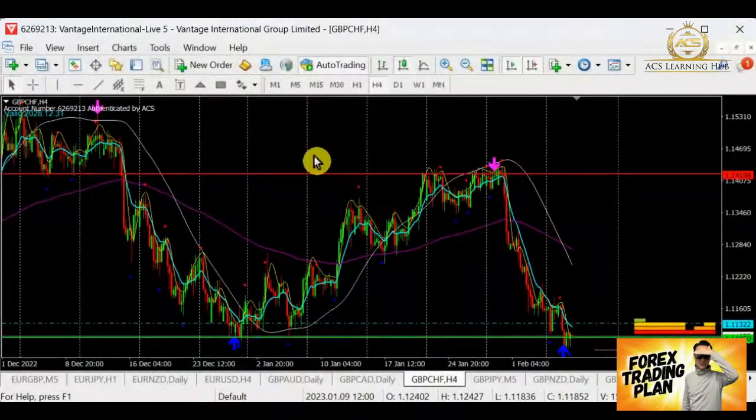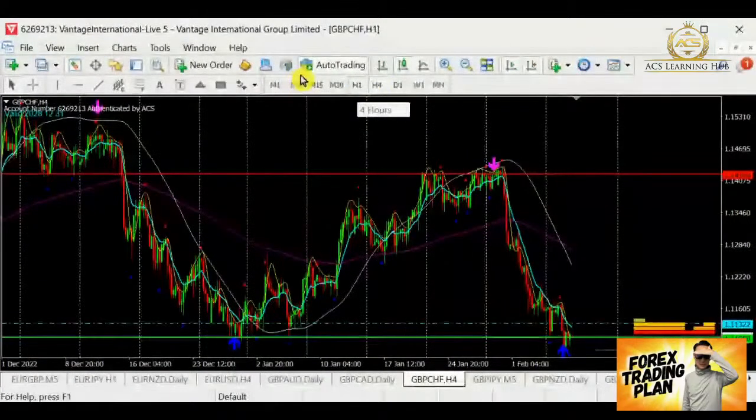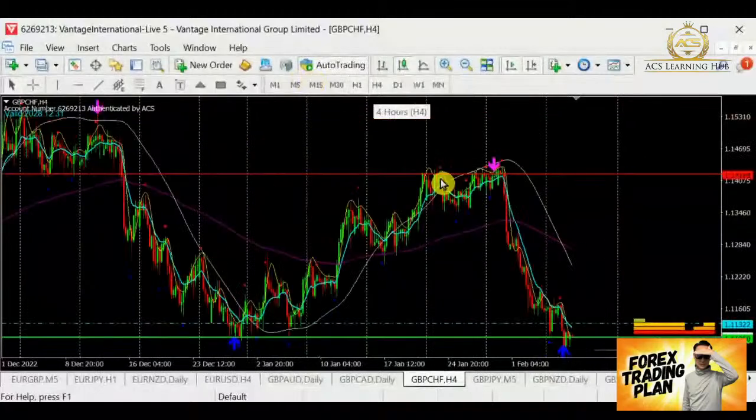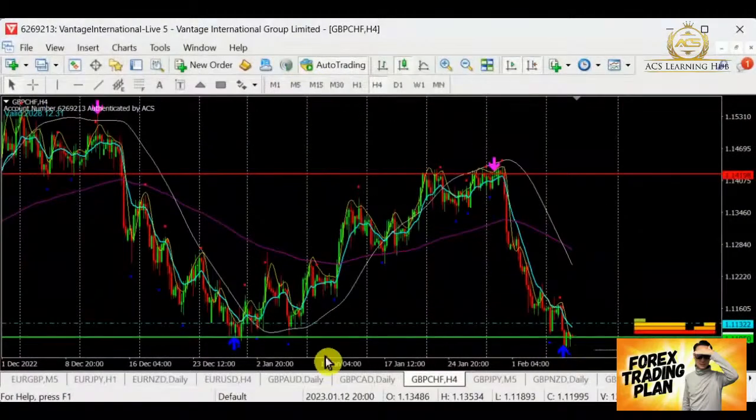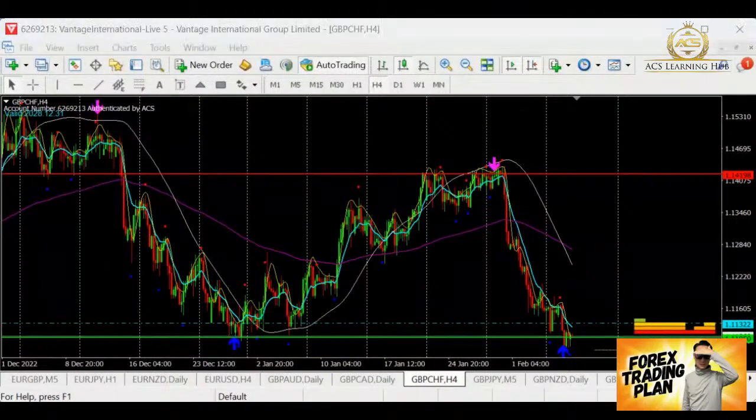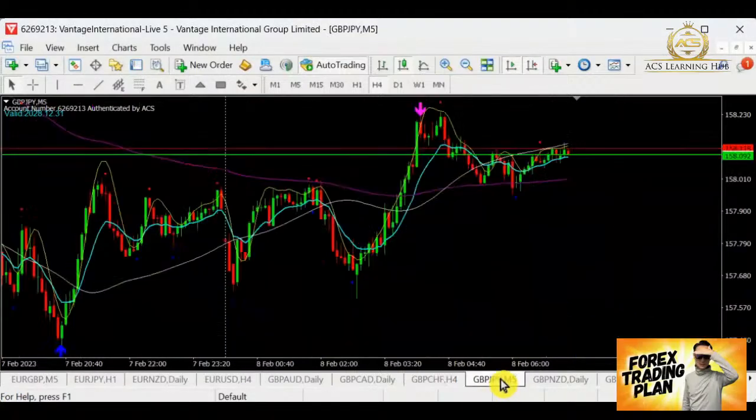If it breaks below, then we will have a very good chance there. Today we can take a look at Pound franc. If it breaks the support, then we will continue the selling. Pound franc, I'm going to put this into my watch list, and let's see if today we get a good chance to continue the selling.